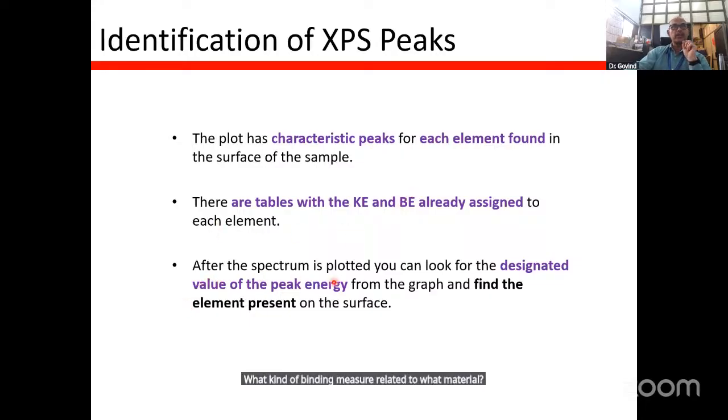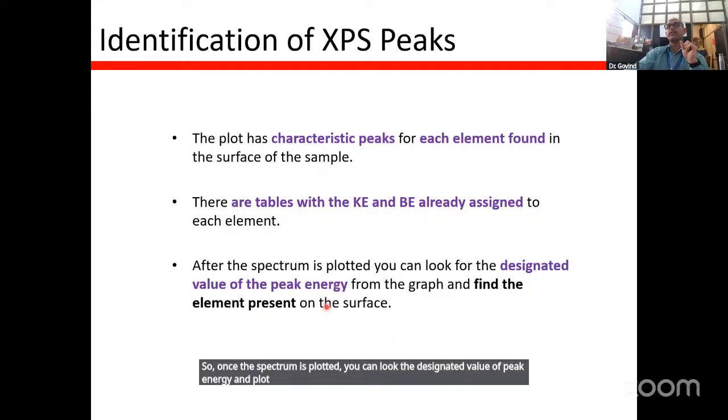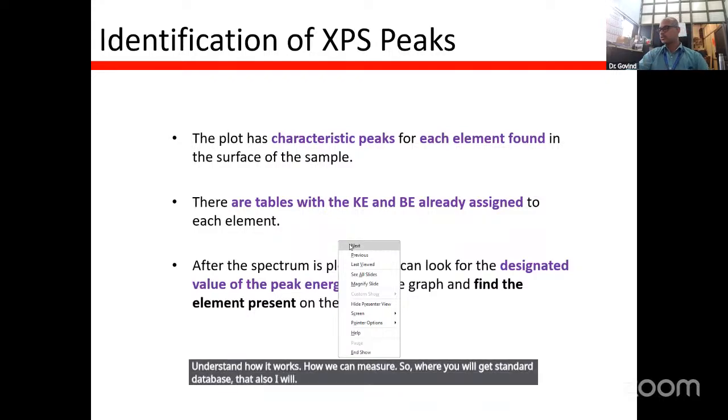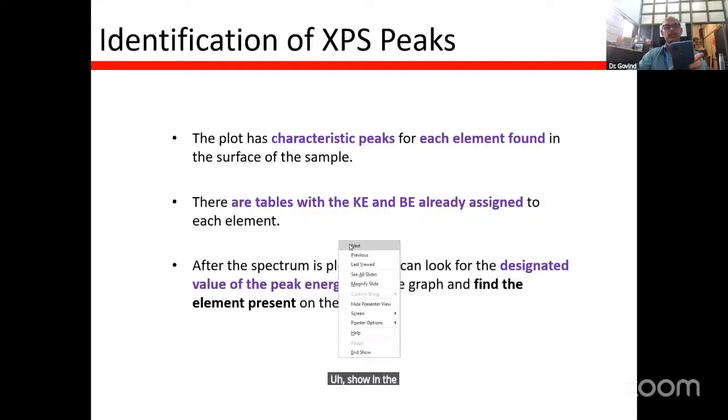Once the spectrum is plotted, you can look at the designated values of peak energy, plot the graph and find the elements present on the surface. So this is a fingerprinting technique. Understand how it works and how we can measure. Where you will get the standard database, I will also show in an upcoming session.